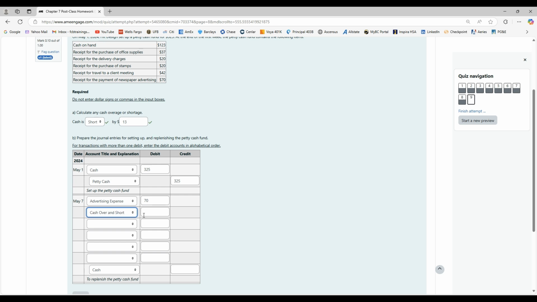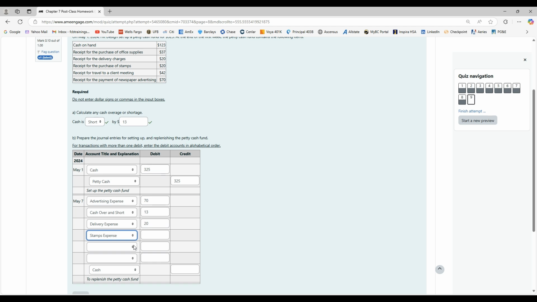And the next thing I think is going to be our cash over and short. ABC delivery charge, D20. And we've got travel, stamps, and we already had the average, so ST, right?